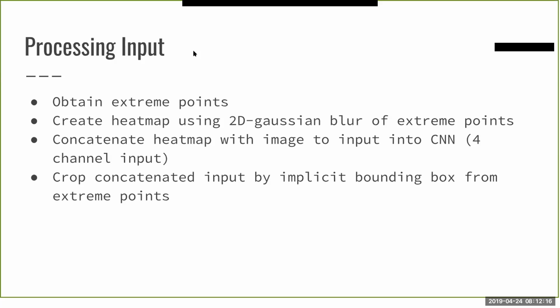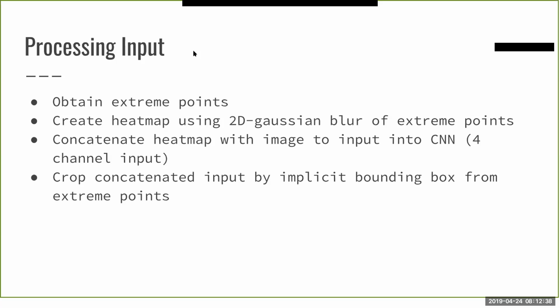But the input is these 4 points. You click 4 points on the image, and then it does a Gaussian blur of these points, because obviously you've just chosen a single pixel. But the idea is that perhaps your single pixel is not super exact.